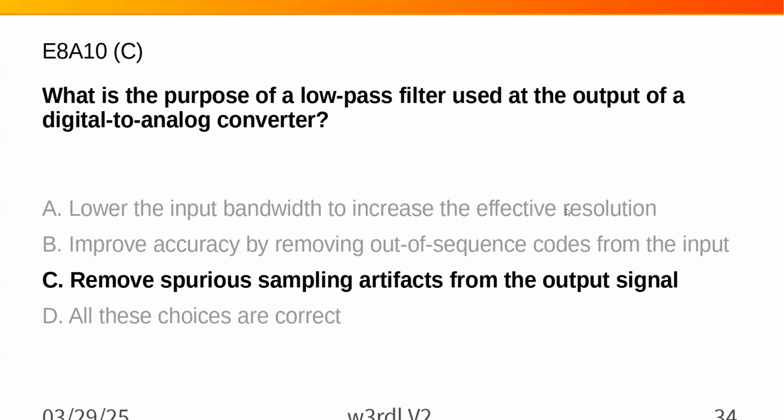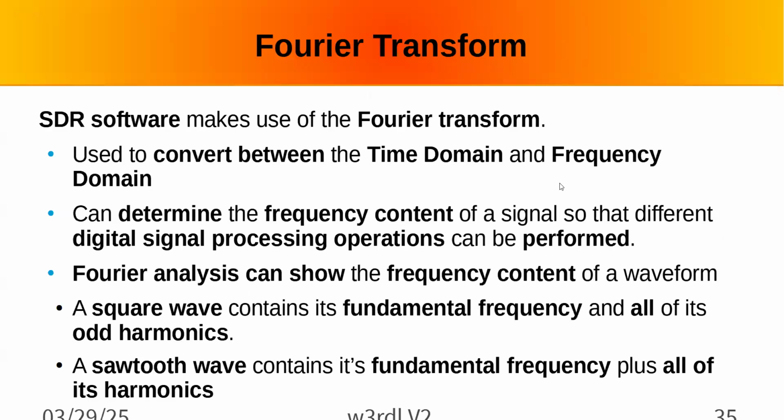Yeah, spurious sampling artifacts are the stair steps. And those stair steps are going to generate harmonics also. Fourier transform, like I said, is used to convert a signal from the time domain to the frequency domain.